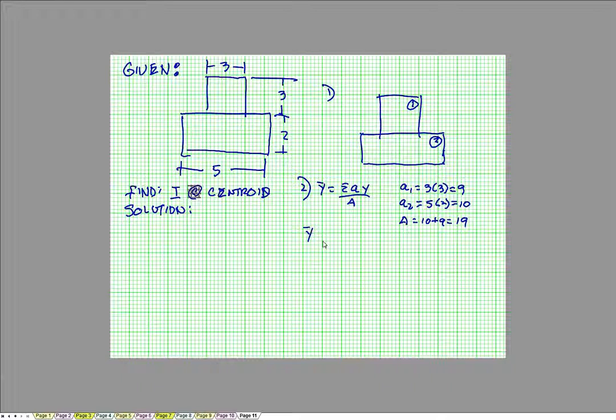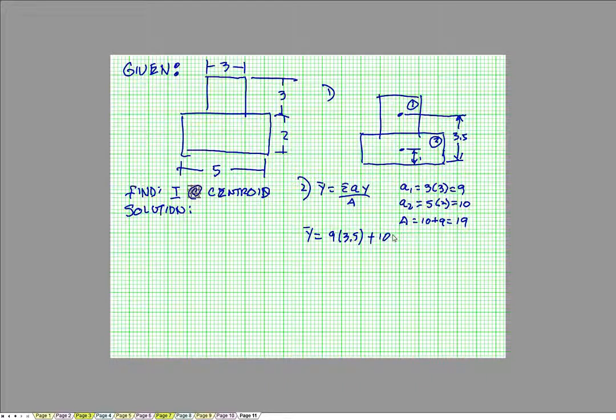So locating the centroid from the base: this is 1 inch here, and the center of that is 1.5 plus 2. So that should be about 3.5, right? So area 1 is 9, and my distance is 3.5.